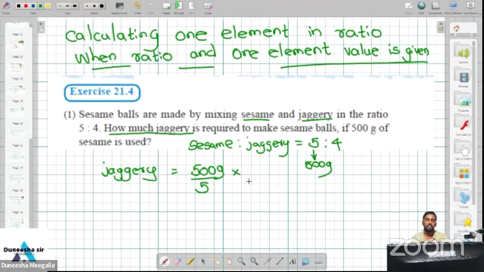What is jaggery ratio? 4. We multiply by 4. Then 500 divided by 5 is 100. 100 multiplied by 4 is 400. 400 grams. Then how much jaggery is needed in the mixture? 400 grams. Okay, write down the first one.